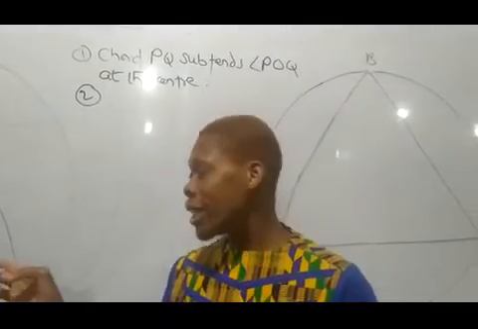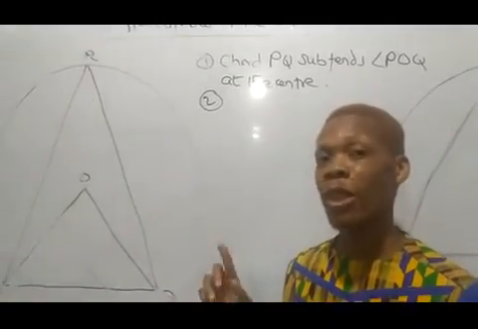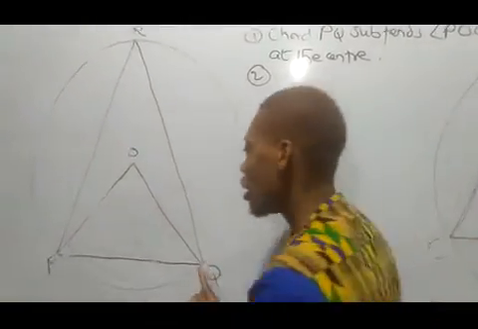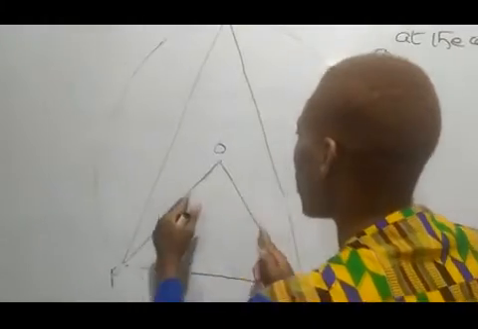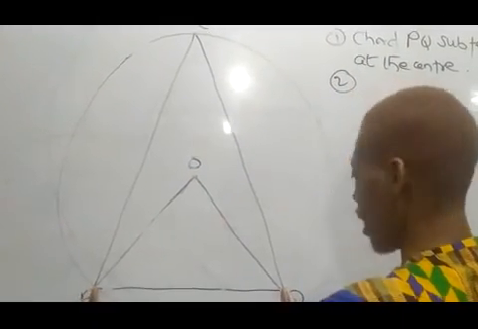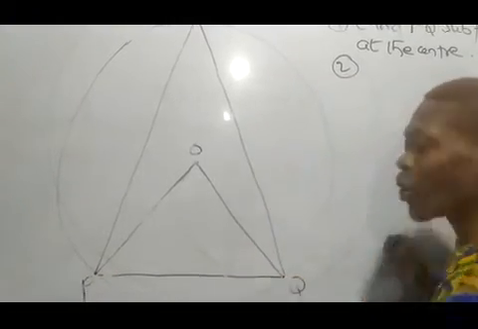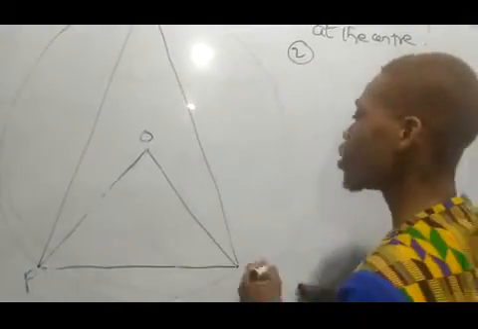Two. Now, if you notice chord PQ very well, it has more than 2 lines there. Now, PQ is subtending O at the center. Look, there is another line here. Look at this. And that one also has a connection with P and also with Q. So I'll trace the 2 lines.